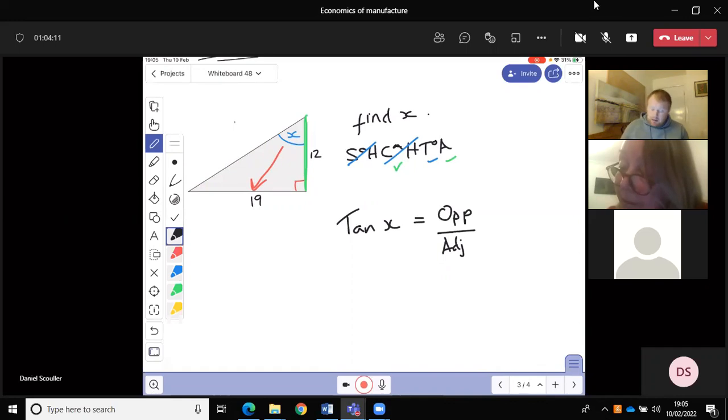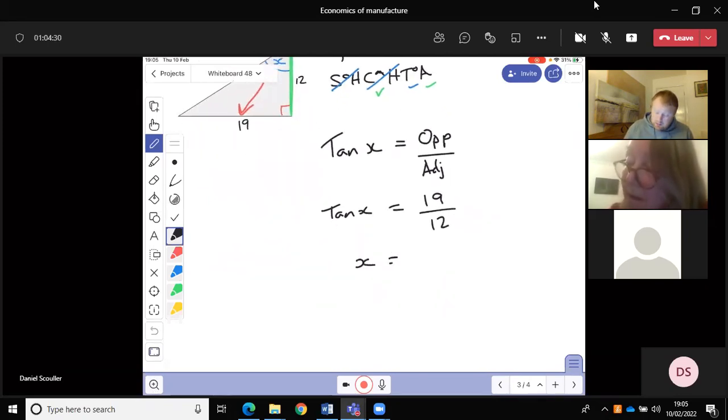Going through that then, the opposite, the one opposite the angle that we're considering, is our 19. Our adjacent, the one touching the angle, is going to be our 12.